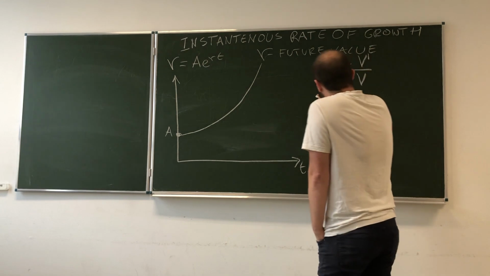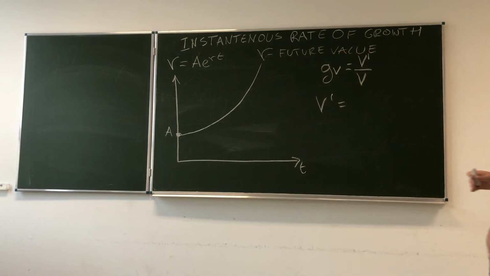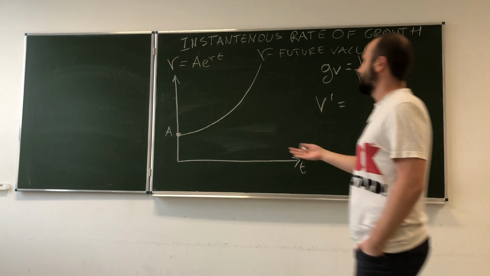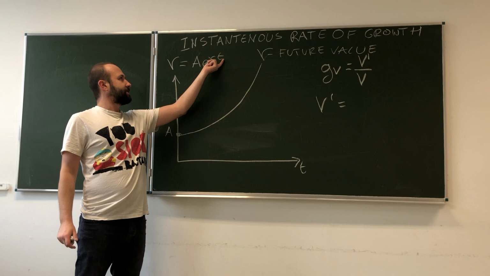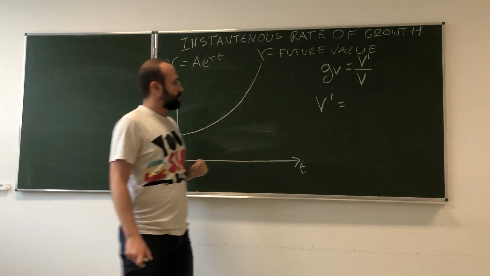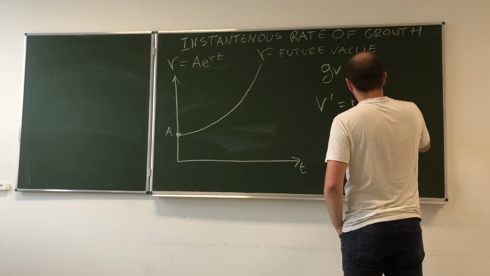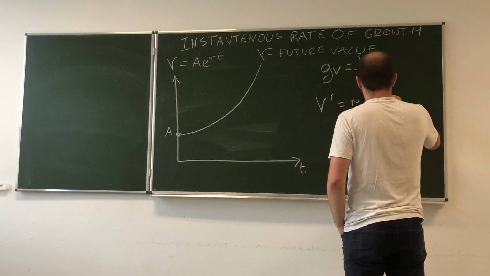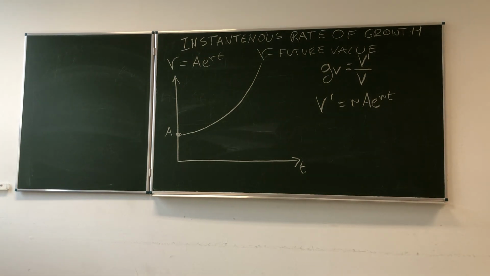Let's do it for the function that we've got. First, we have to calculate the derivative, of course with respect to time. This is an exponential function, so all we've got to do is calculate the derivative of the exponent and put it up front. So what we get here is simply r A e^(rt).